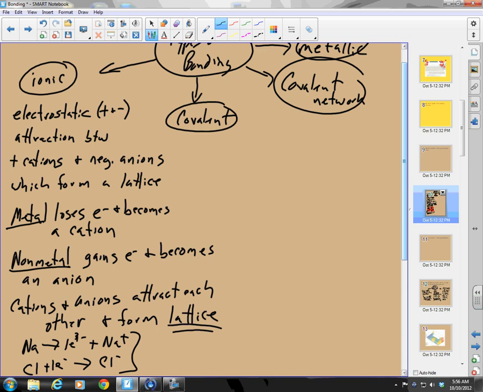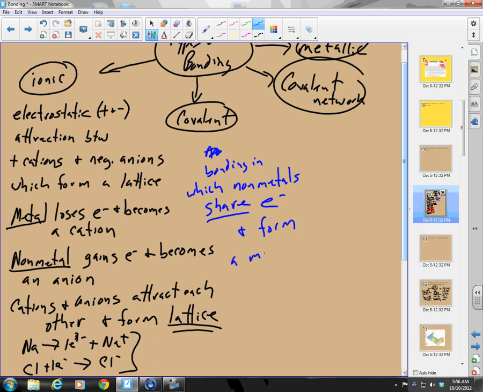Good. Covalent, on the other hand, I have nonmetals. Let's give it a nice definition: nonmetals share electrons, and they form a molecule.